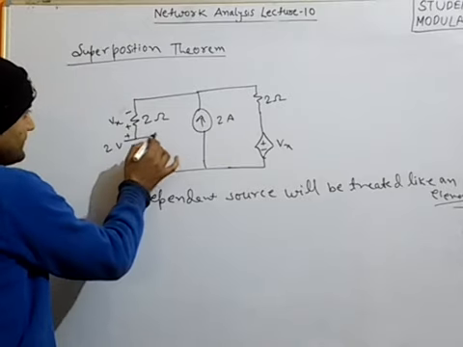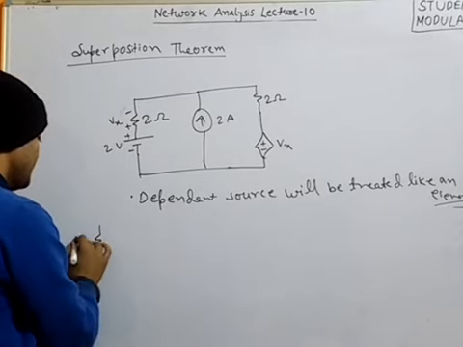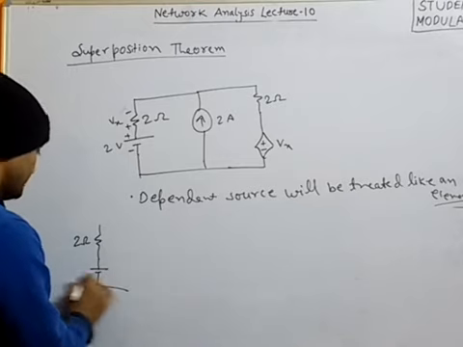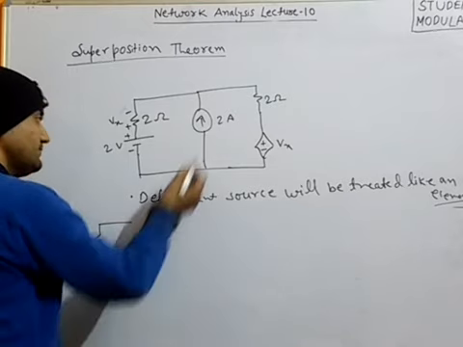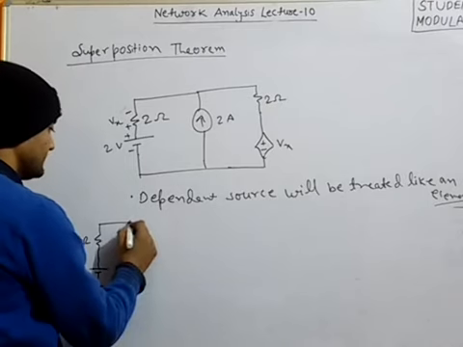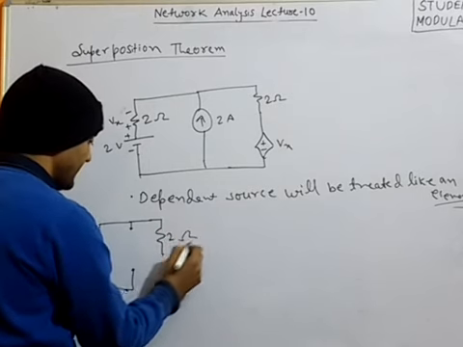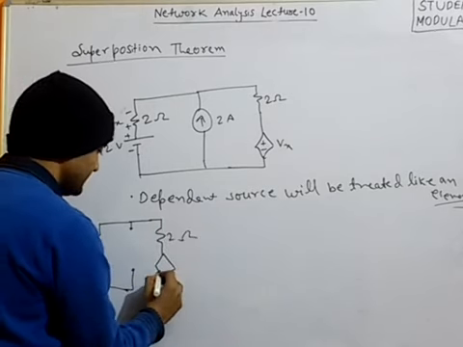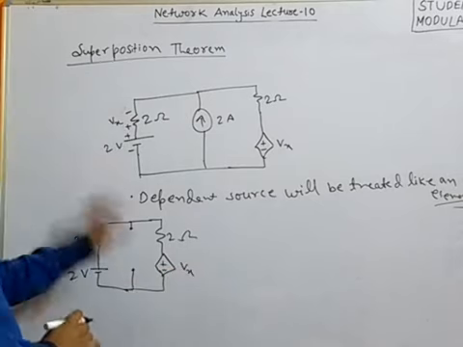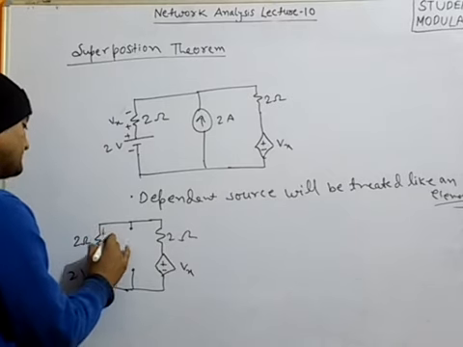So the first step, we will consider this voltage source only. Considering this voltage source, we have 2 ohm here, and the voltage source is 2 volt and the 2 ampere source is open circuited, because deactivating a current source means open circuit. 2 ohm we have, and here we have the dependent voltage source, which is included in the circuit itself, with plus minus Vx.